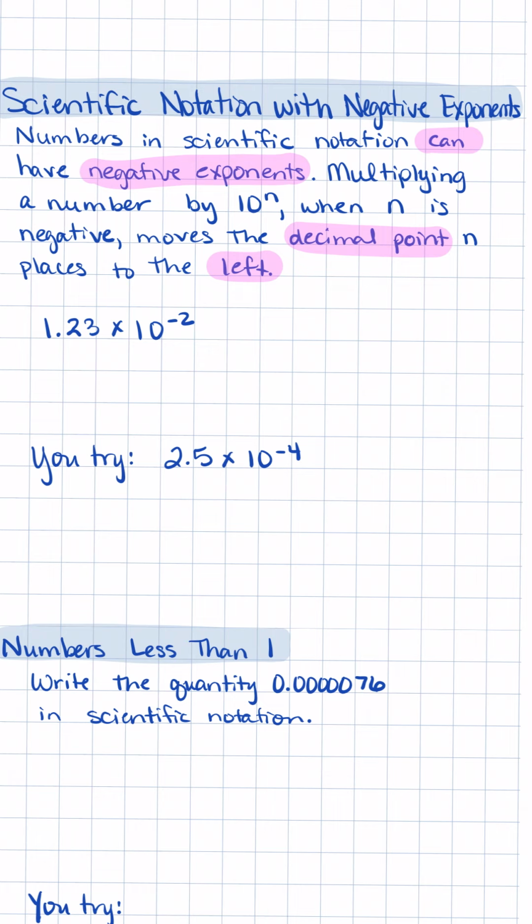So if we have this number, 1.23 times 10 to the negative 2 power, we're going to move the decimal point 2 places. 1, 2. So we're going to have to add zeros. So that means this equals 0.0123. Okay, so it's just moving the decimal point to the left.